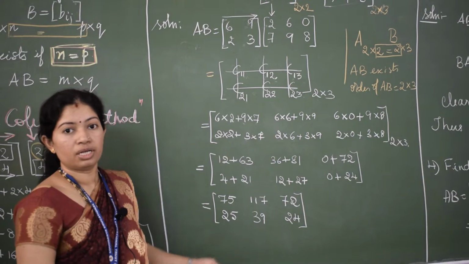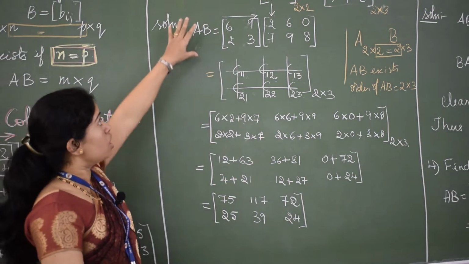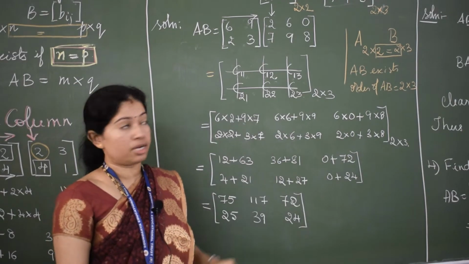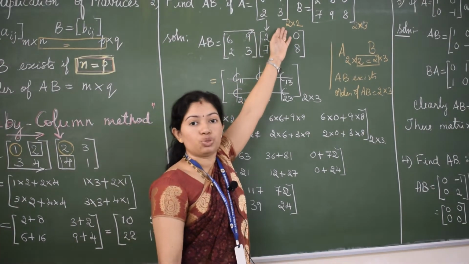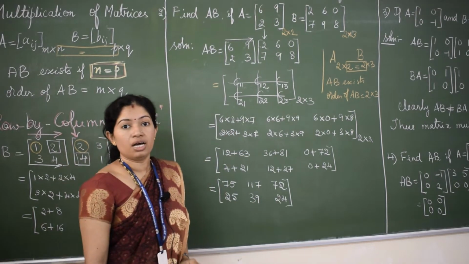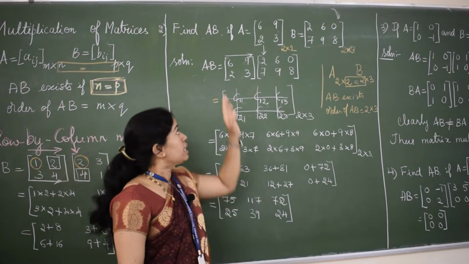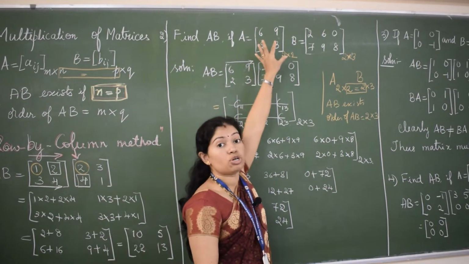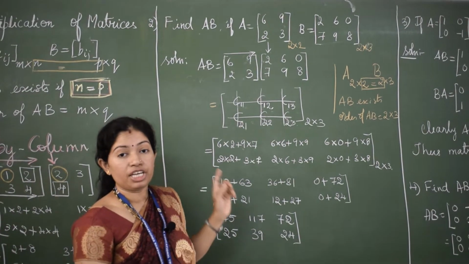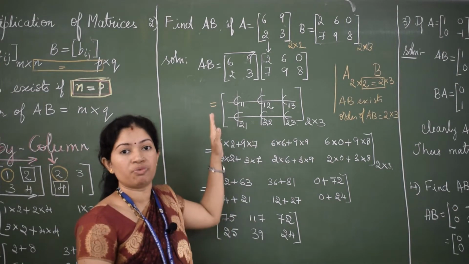You understood? Let me explain once again. We are taking two matrices of different orders. A is a matrix of order 2 cross 2, whereas B is of order 2 cross 3. What was the condition? The number of columns of A should be equal to the number of rows of B. We need to check that first before we multiply.